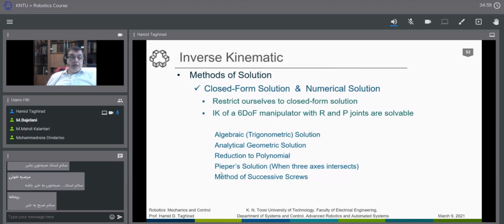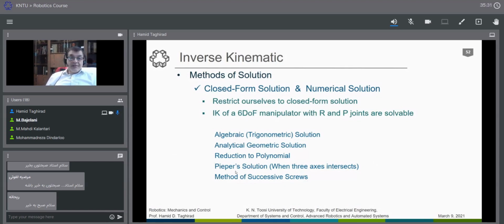Pieper is a scientist who has a theorem that if 3 axes of the robot are intersecting, like the wrist design that we have, UVW, or if you remember the UW configuration that we used for the wrist, if these 3 axes intersect, then the solution for the 6 degree of freedom manipulator can be found.